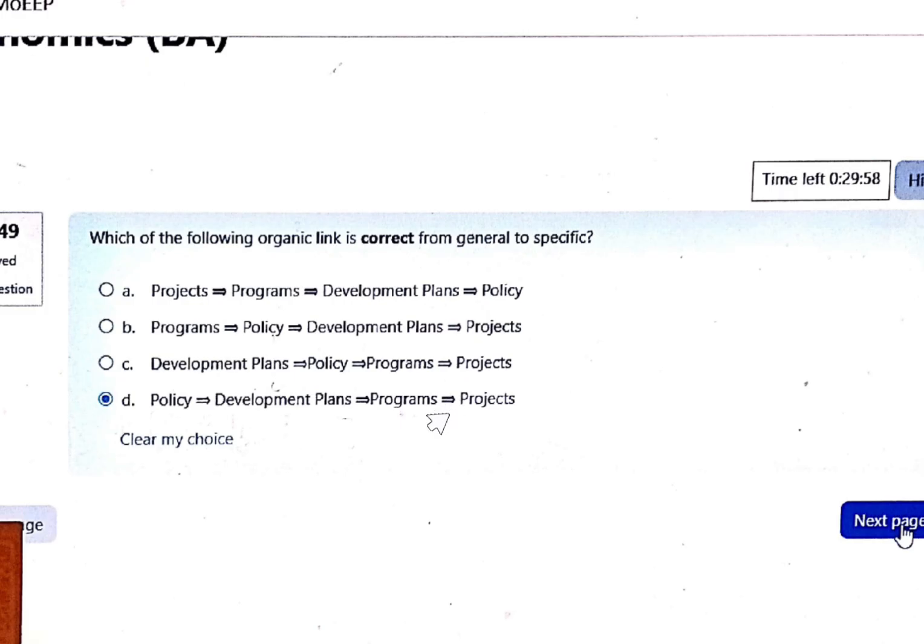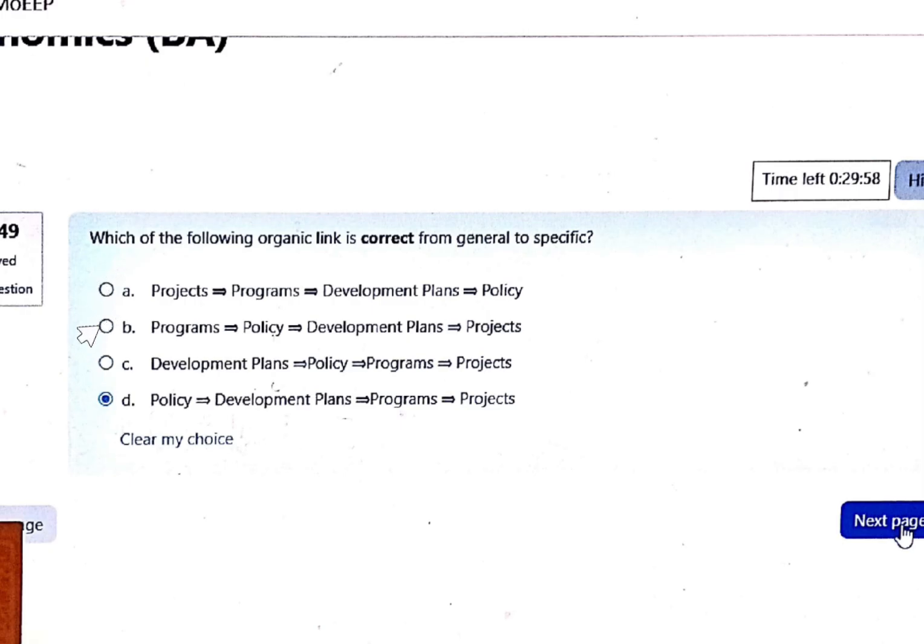Okay. So why are the other options incorrect? A, for example, project, program, development plan, and policy. This is wrong because it is reversed, or from specific to general, not general to specific. B also, program, policy, development plans, and project.